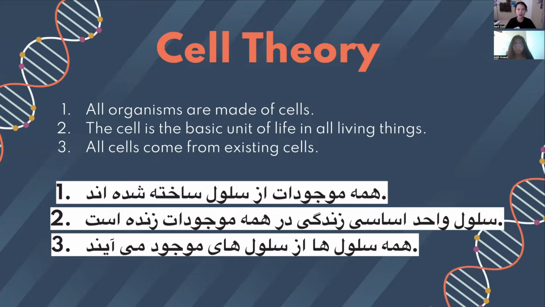The second one is that the cell, like Aditi said, is the basic unit of life in all living things. And three, all cells come from existing cells. So these three statements are true, and they're accepted, and you have to know that they're the basis for biology and life as we know it.